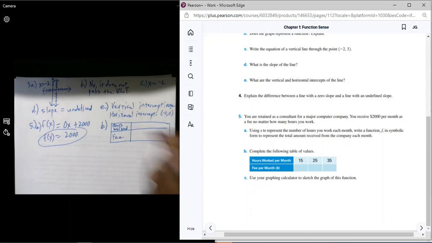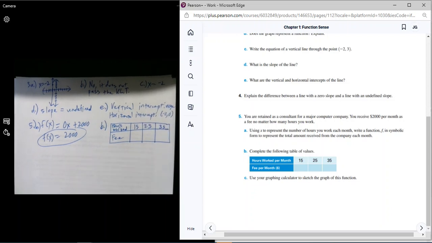And then I'll put fee, and we know it's per month. So it's 15, 25, and 35. Now remember, no matter how many hours you work, you just get $2,000. So no matter how many hours you log, you still only get $2,000.